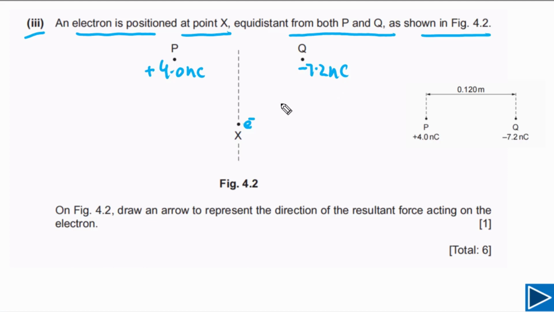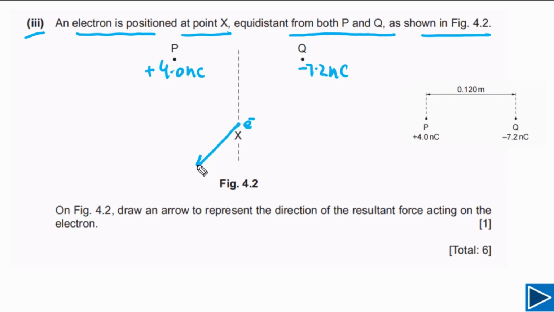As distance is the same, but charge is different, so the force on electron due to Q and due to P will be different. But force due to Q will be greater, so we will draw 1 arrow here. Because these two charges have the same sign, there will be repulsive force on electron.